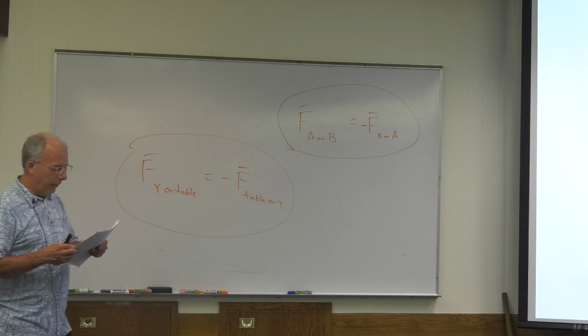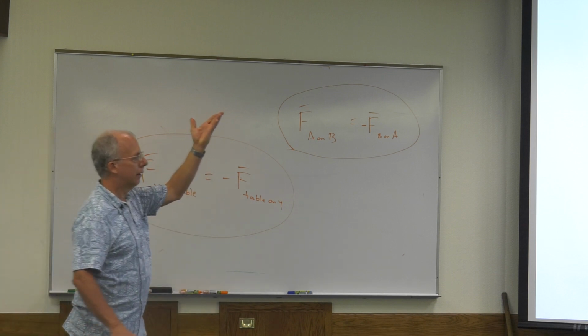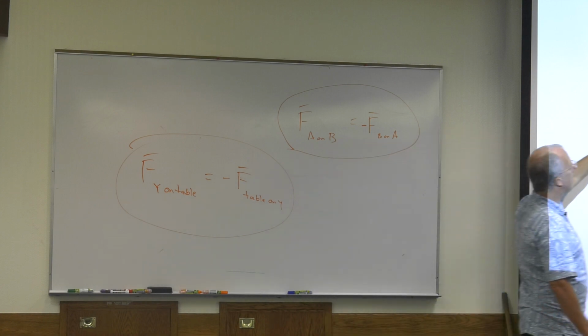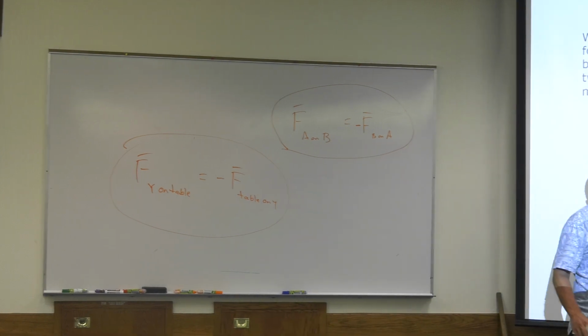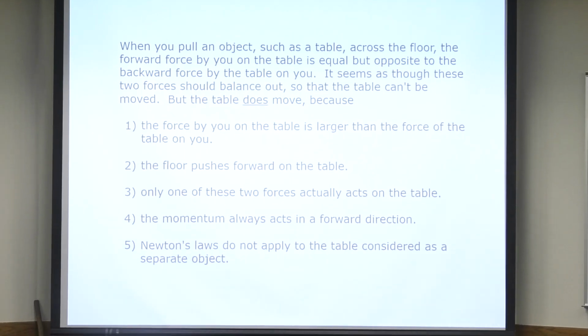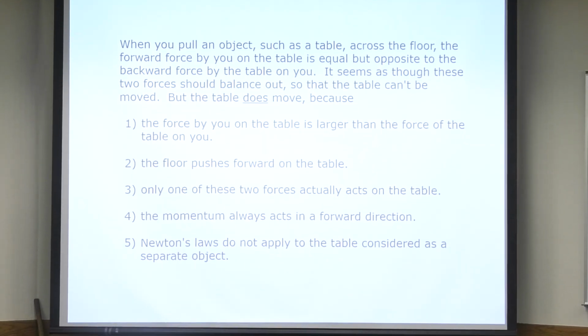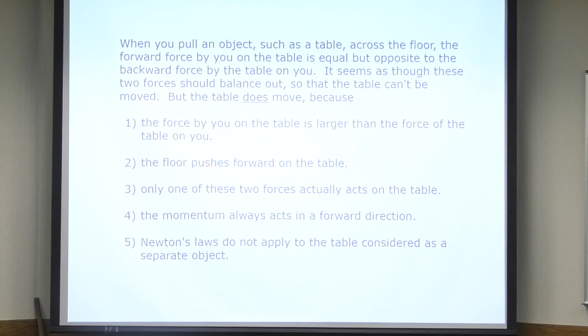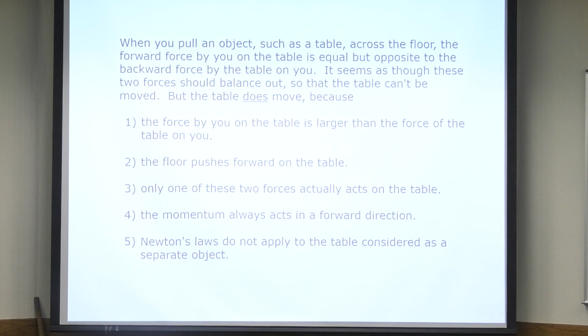Okay, so hopefully you figured it out. What's the object? The object is the table. You aren't the object. You're irrelevant, sorry. If we were going to draw the force diagram, here's the table. There's weight, there's normal, there's friction, but the point is there's the force you on table. I don't care about the force table on you. What's that got to do with anything?